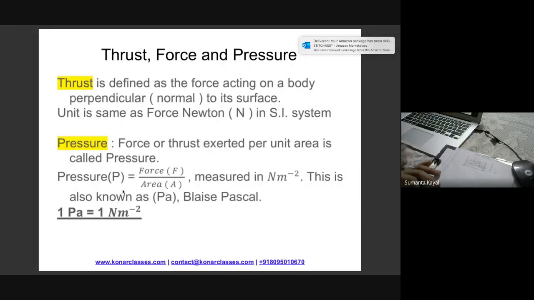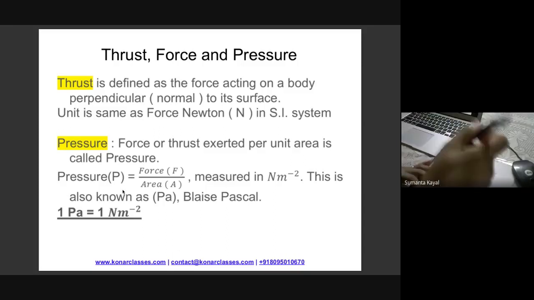Now, coming to the concept of thrust, force, and pressure. We all know what force is to some extent, or we have seen in Newtonian physics, in Newton's laws of motion, what force is and what thrust is. Now, here is another concept we'll try to understand, and please stop me whenever you see that something you are not able to understand.